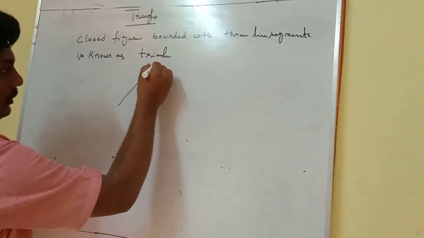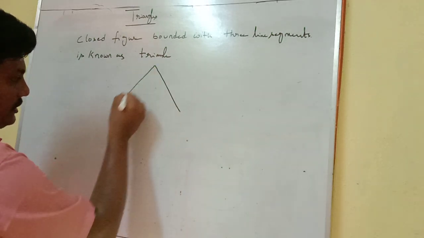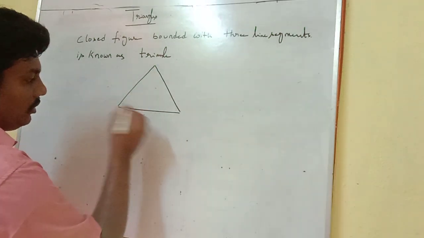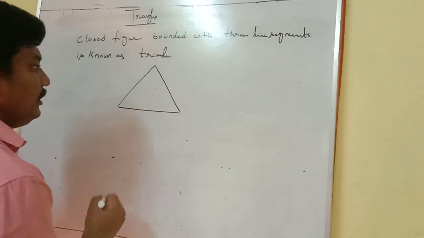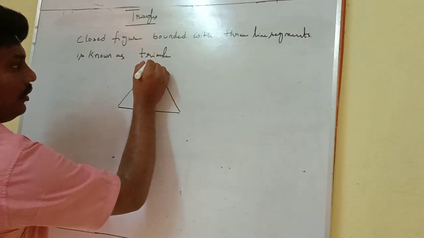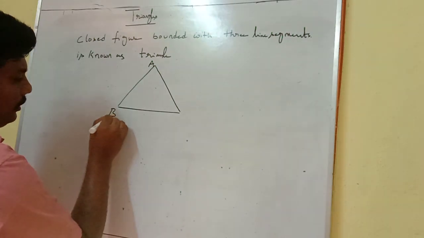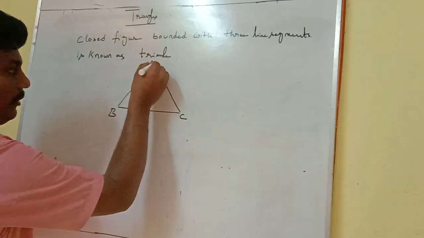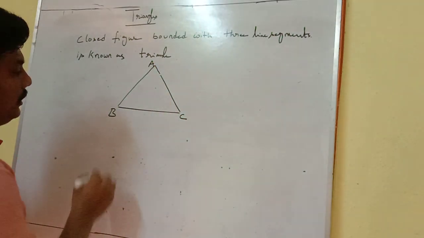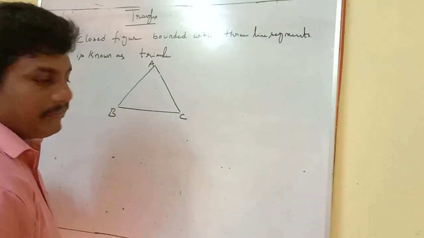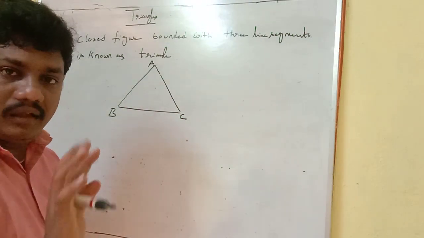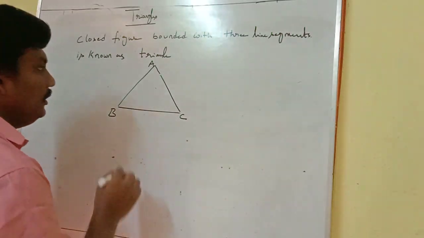This is a triangle, with three line segments. This is the first line segment, this is the second line segment, and the third line segment. Let me take the triangle and give names: this is A, B, C. AB is the first line segment, BC is the second line segment, and AC is the third line segment.